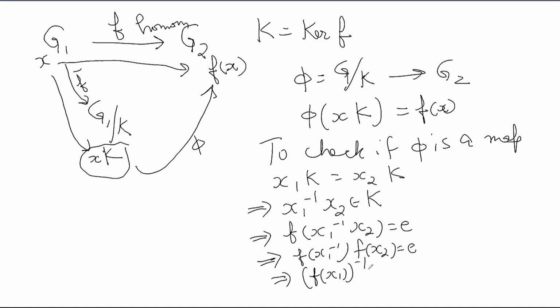So this becomes f of x1 inverse times f of x2 is the identity, right?